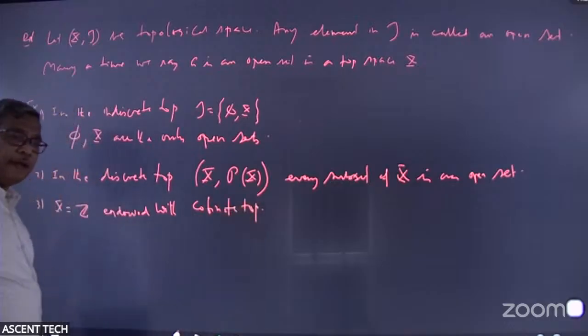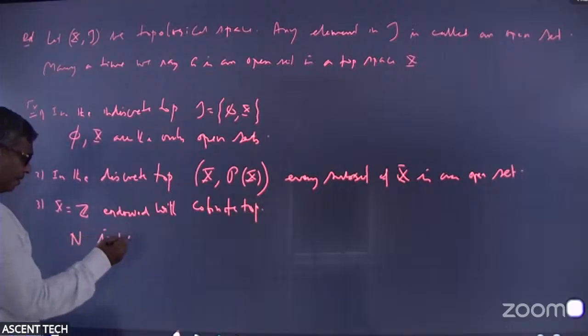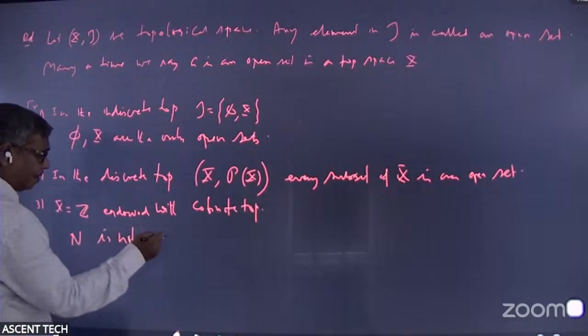Now, if you look at the set of all natural numbers, N, it is a subset of Z. It's not empty. Its complement is not finite either. So N is not open. Why?